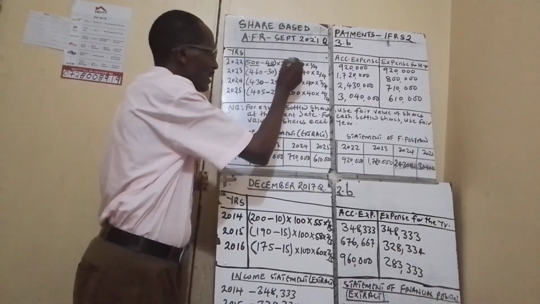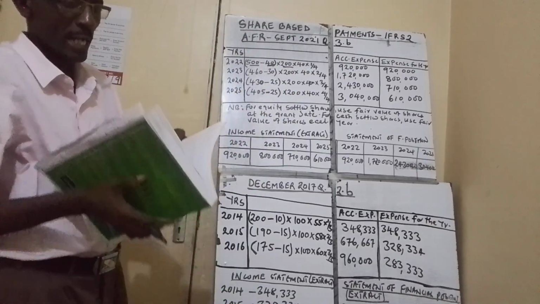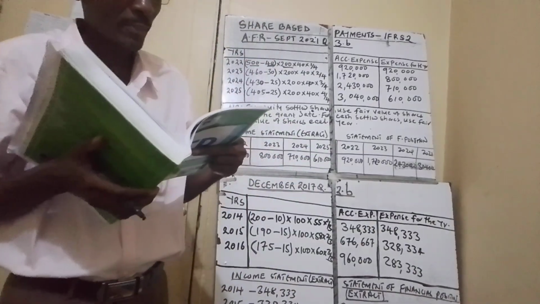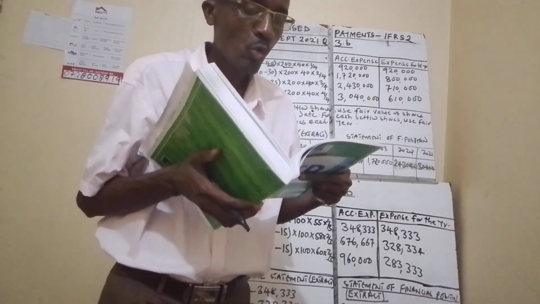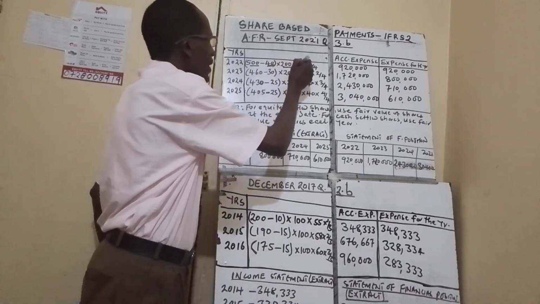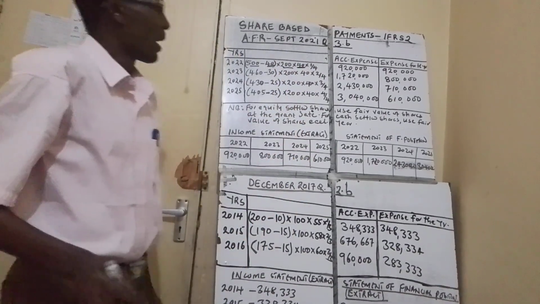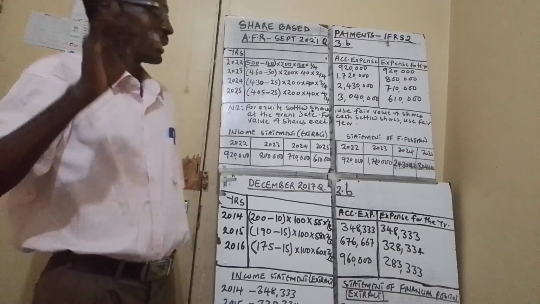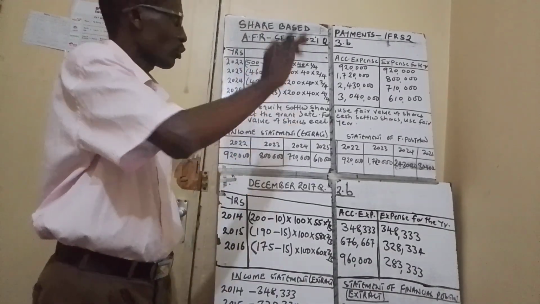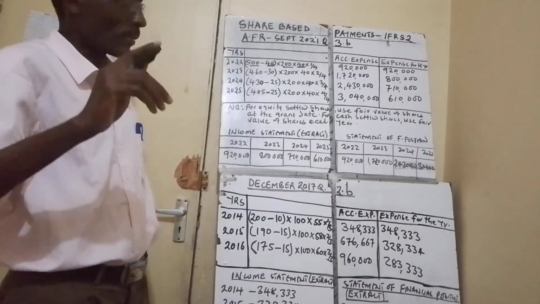We multiply by the number of options. We are told Peponi Limited decided to grant its 500 employees 200 share options, so multiply by 200, then times the price as at the grant date. Remember, this is an equity settled shares method.